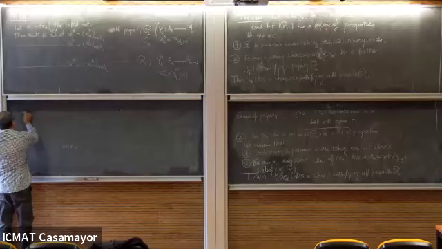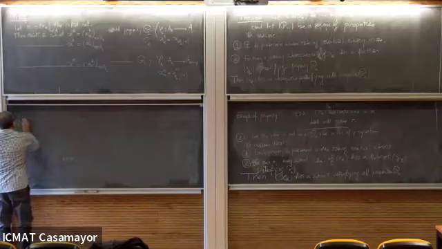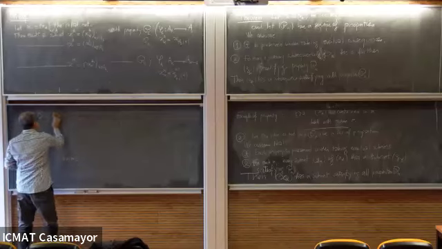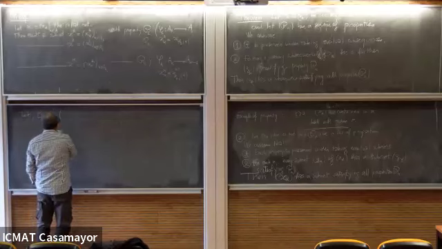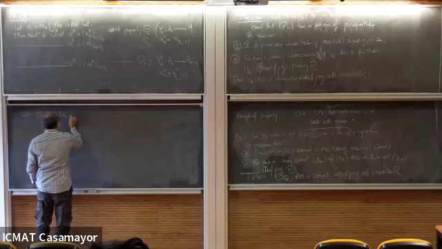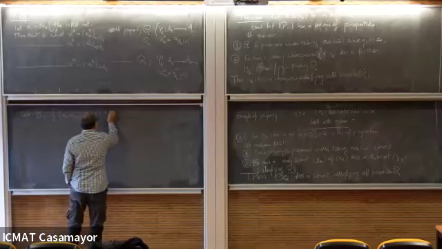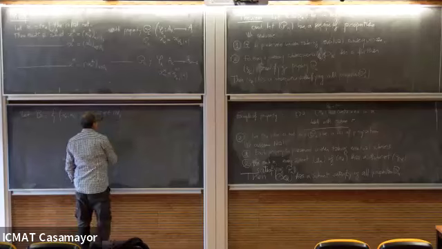So let B equal to all elements like this, alpha 0, alpha 1, up to alpha n, such that n is an integer.